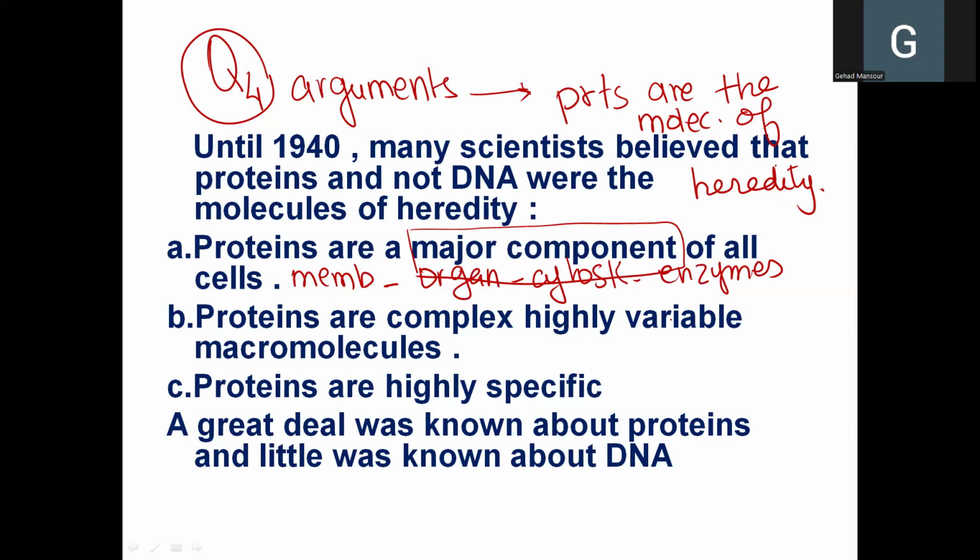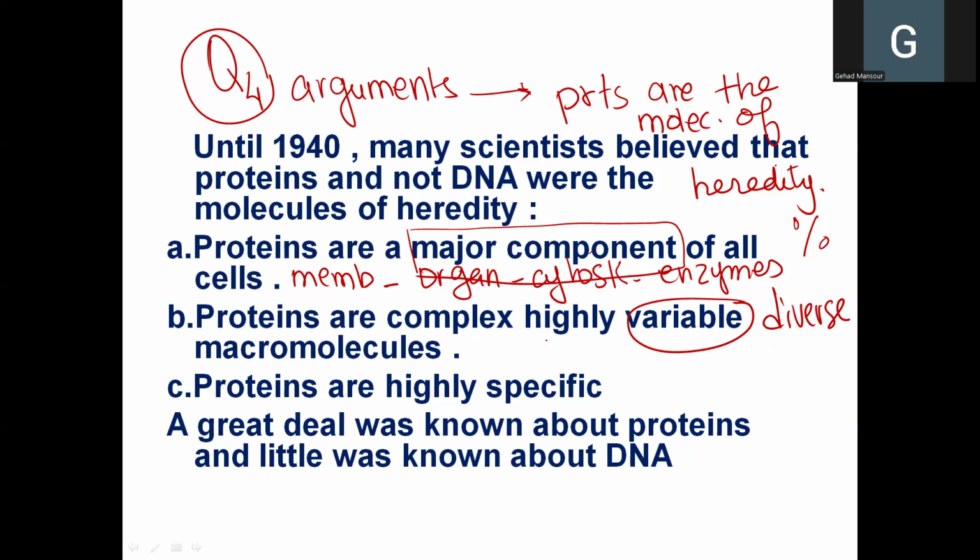So it looks like they are something very important in the cell. They are highly variable, a diverse group of molecules. They are important because a large percentage of the cell consists of proteins.